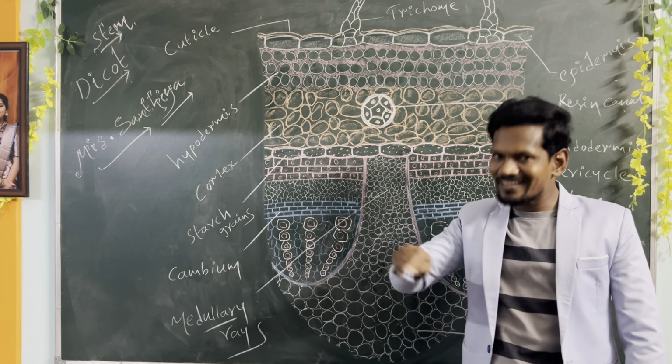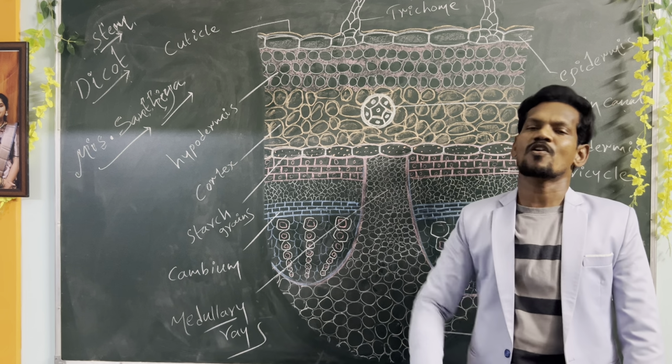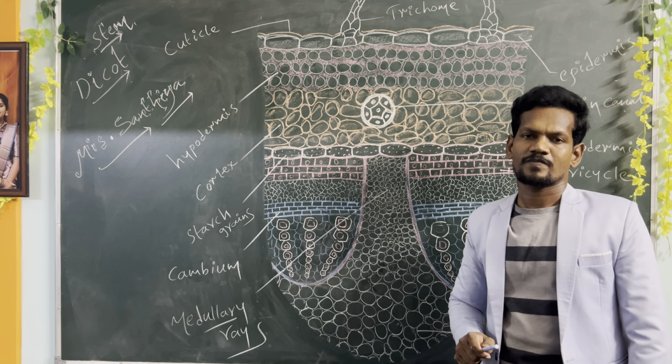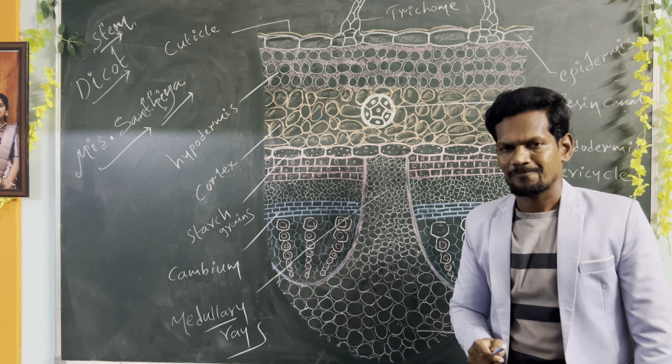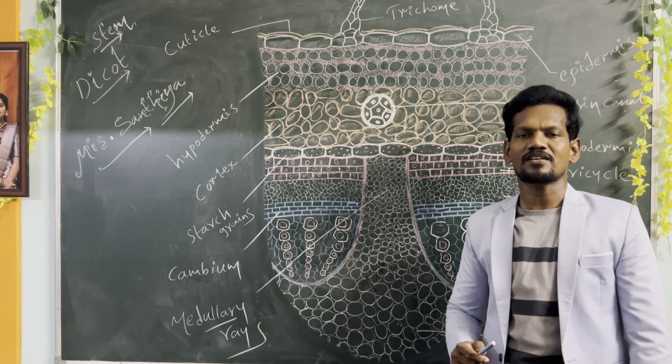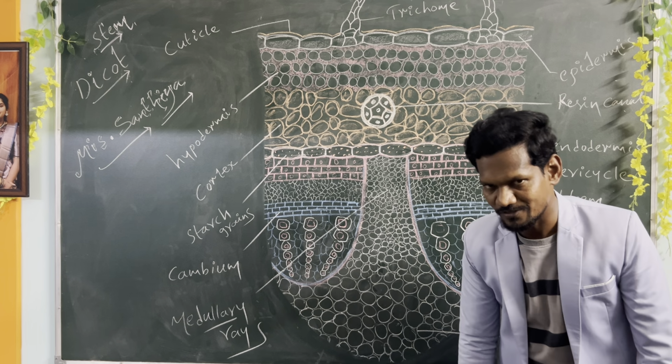That cambial ring is responsible for secondary growth of the dicot stem, which increases the girth or width of the stem, nothing but enlargement of the stem. That is called secondary growth.